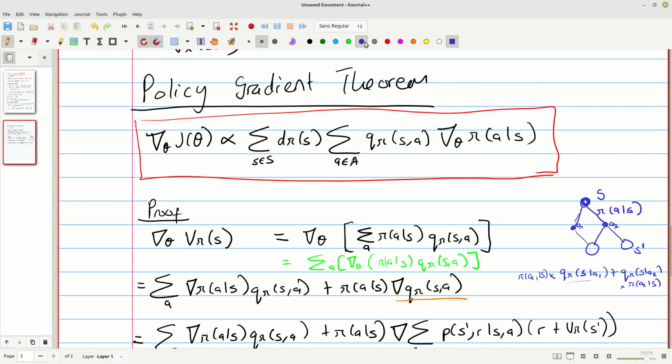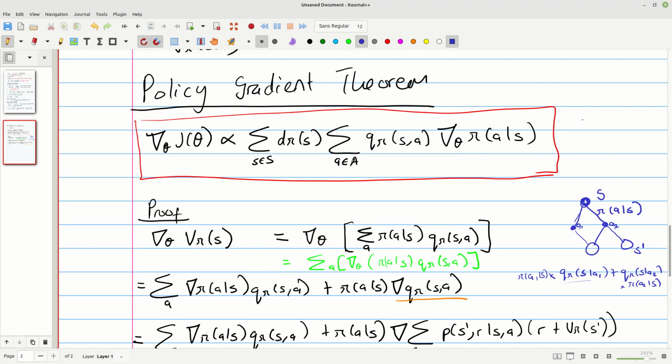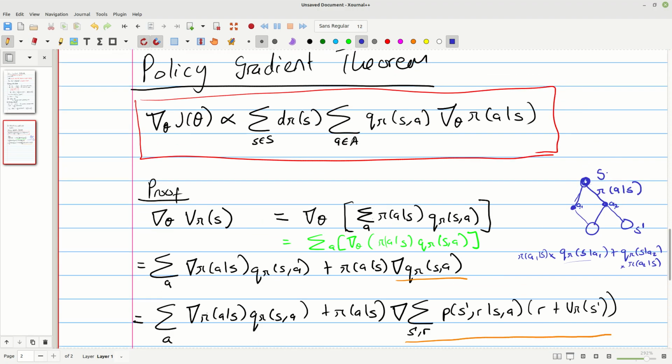So let me try to make room for this. Maybe up here is fine. So again, we're in a state S, we take an action, and with some probability, we'll end up in some future state S prime or a different state S double prime, it doesn't matter. In the process you get a reward, and you might end up in this S prime, or you might end up in this S double prime.